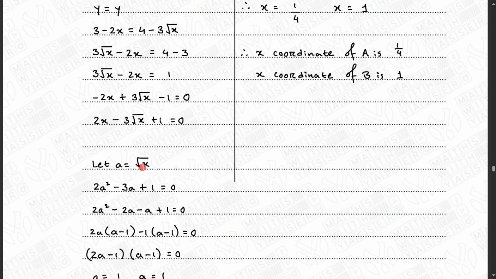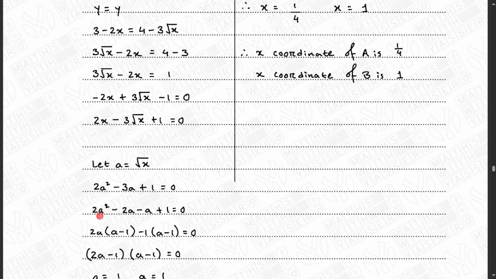So if a is root x, then 2x must be 2a squared, because if you square root x, you get just x. So this becomes 2a squared, and we have already considered that a is root x. That means this will become 3a plus 1 is equal to 0. So this is easier to solve rather than solving it this way.